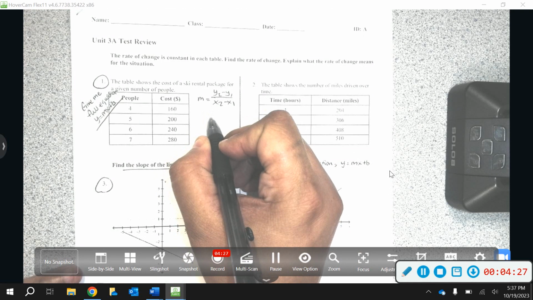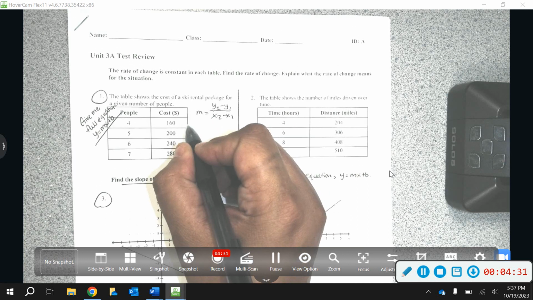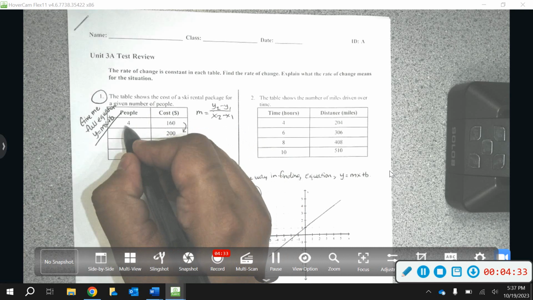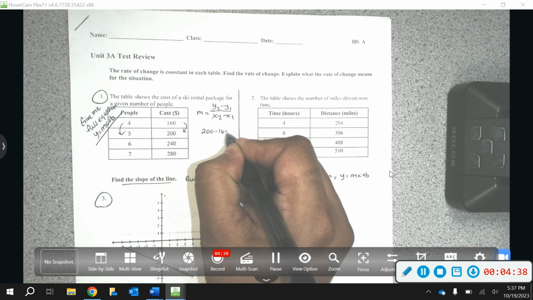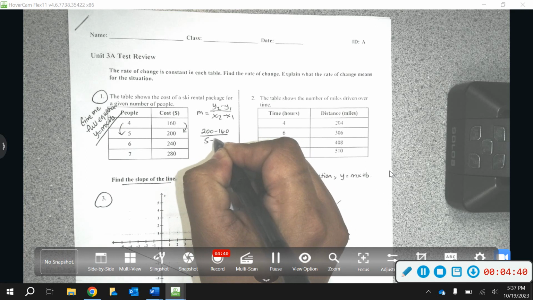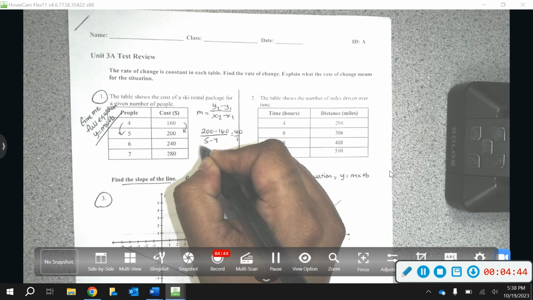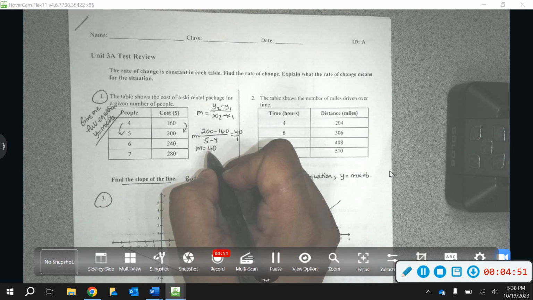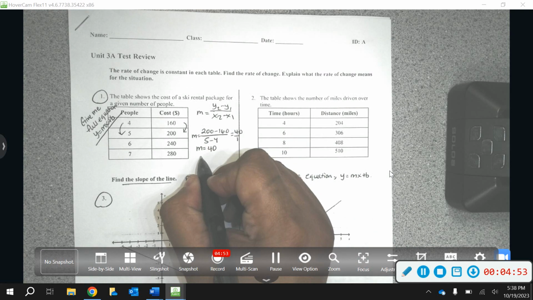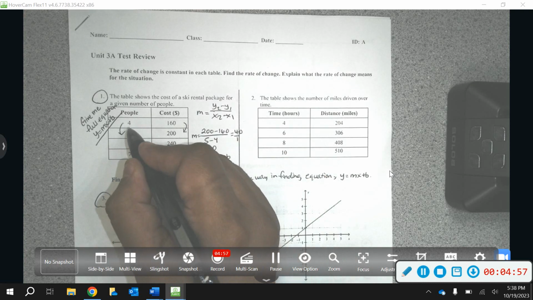So we have 200 minus 160 divided by 5 minus 4. This gives me 40 over 1, which gives me a slope of 40. Now, to get my equation, all I have to do is put everything in y equals mx plus b form. You're going to go ahead and pick a point.